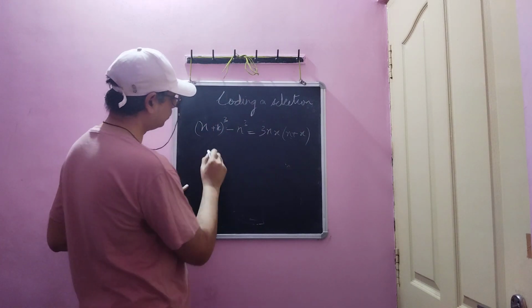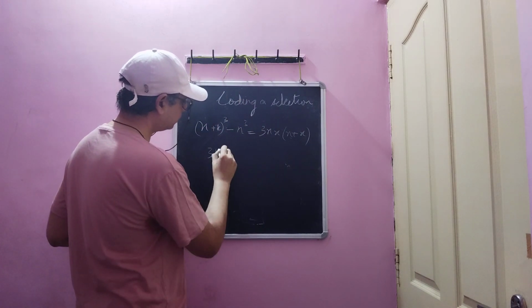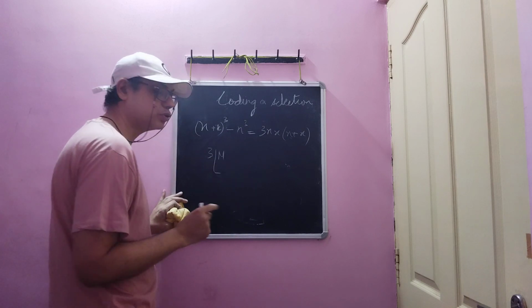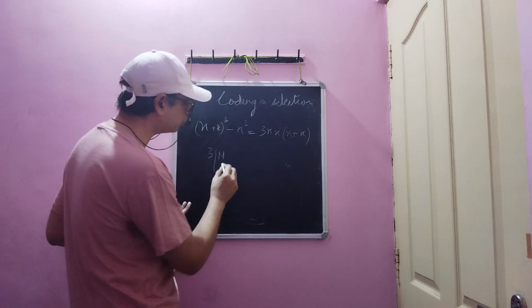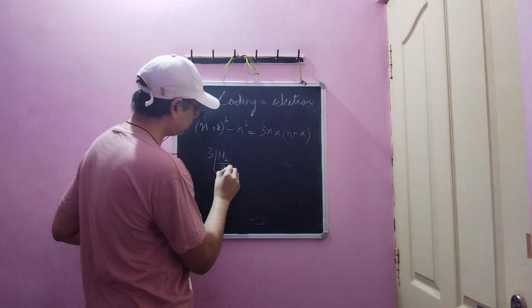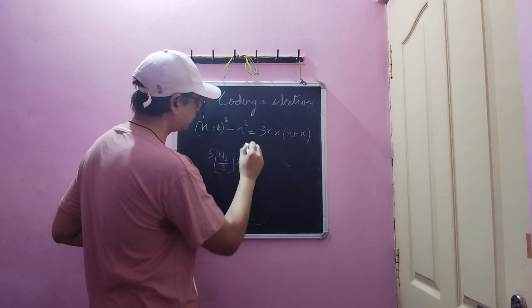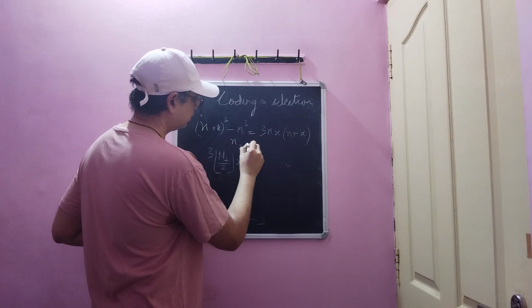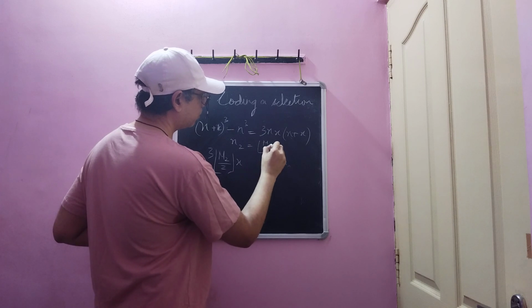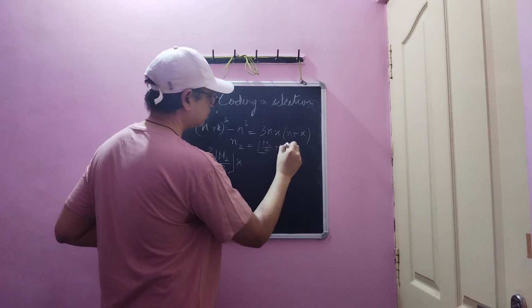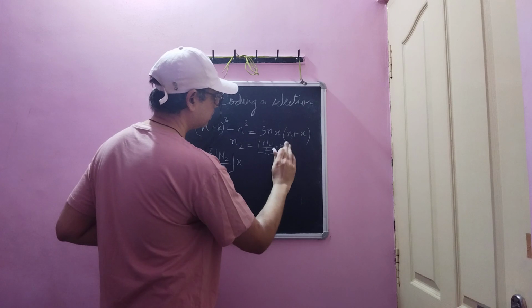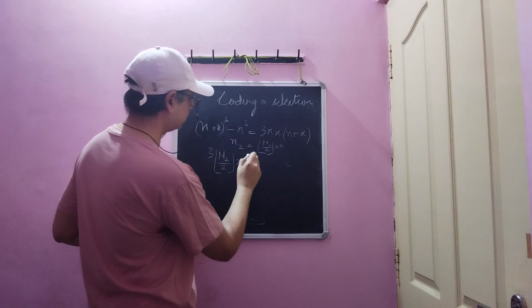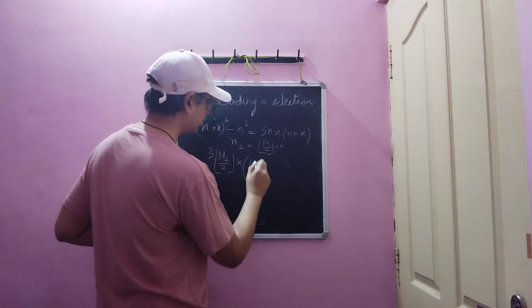So the difference will be 3 times floor of m2 by 2 times x, assuming n2 is equal to floor of m2 by 2 plus x.